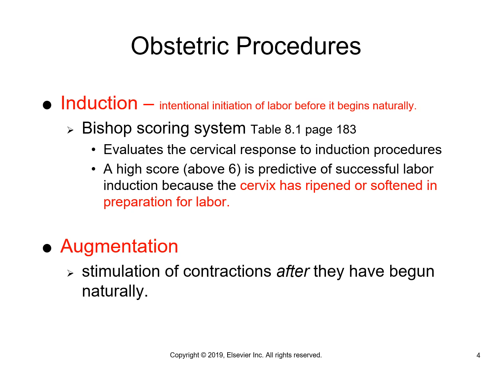For the dilation of cervix, 0 is 0, 1 is 1 to 2 centimeters, 2 is 3 to 4 centimeters, and then 3 is 5 to 6 centimeters. Consistency of cervix, we also check if it's firm, medium, or soft. Your length of your cervix.